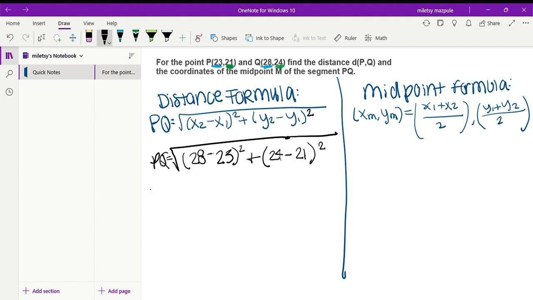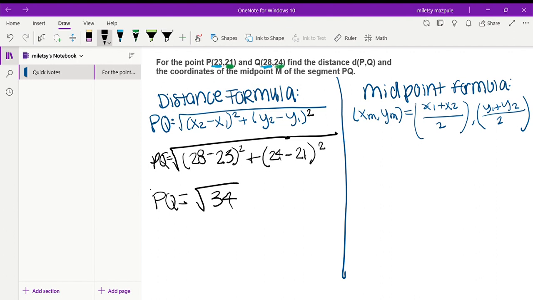So you can actually input this in the calculator, and if you input that in the calculator, it'll actually give you PQ equals, or the distance between PQ is going to be the square root of 34.